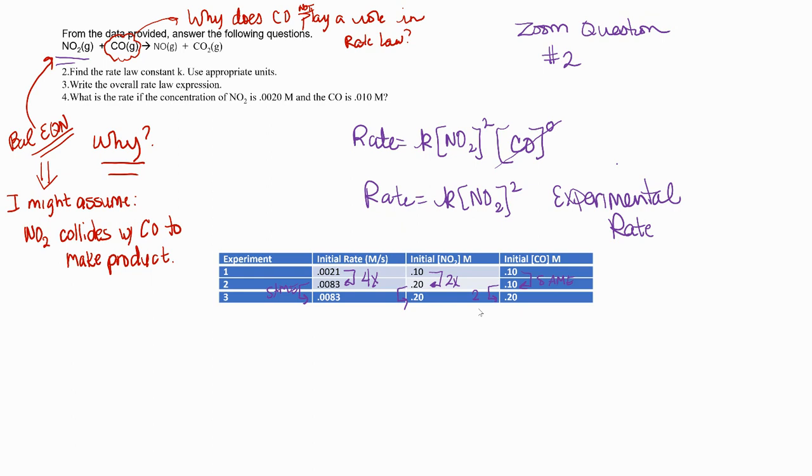But let's take a moment and think about one thing, and that is that if NO2 collides with CO to make product, and that's your one reaction, one step process, so if it's a one step process, wouldn't the rate depend on both?